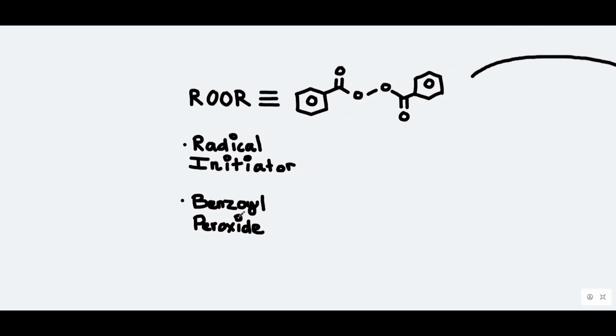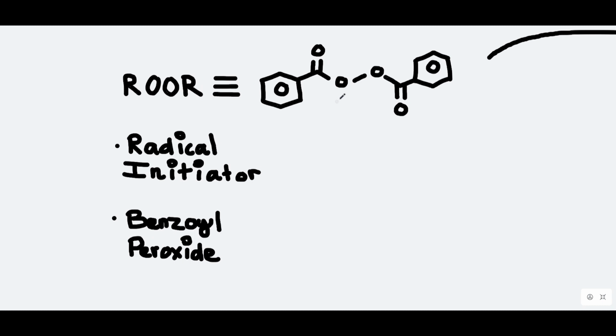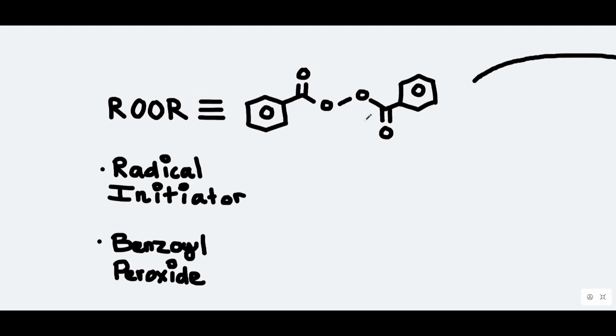So like I said, I first want to go over our radical initiator. This is what ROOR stands for in this case. As you can see, we have this molecule here. You should notice a couple things about it. First is that we have two oxygens bonded to each other. Those two oxygens are bonded to each other with one bond.